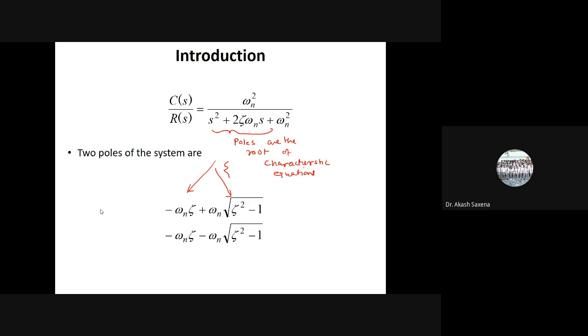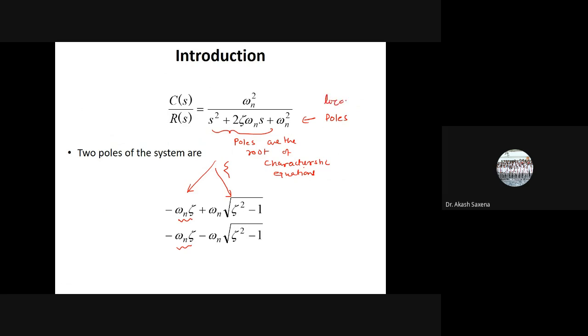Right now I'm not revealing how zeta is interrelated with the location of the poles, but eventually you can see that omega n and zeta describe the location of the poles. Poles are nothing but the roots of the characteristic equation.